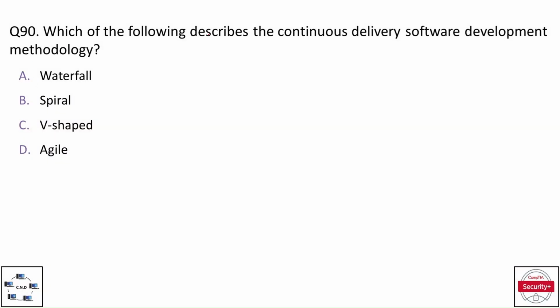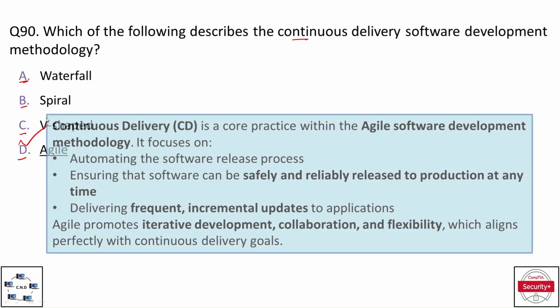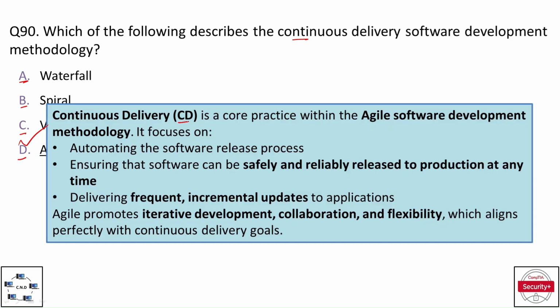Question number 90. Which of the following describes the continuous delivery software development methodology? Option A, waterfall, option B, spiral, option C, V-shaped, and option D, agile. And the correct option is option D, agile. And the explanation is, continuous delivery, that is CD, is a core practice within the agile software development methodology.